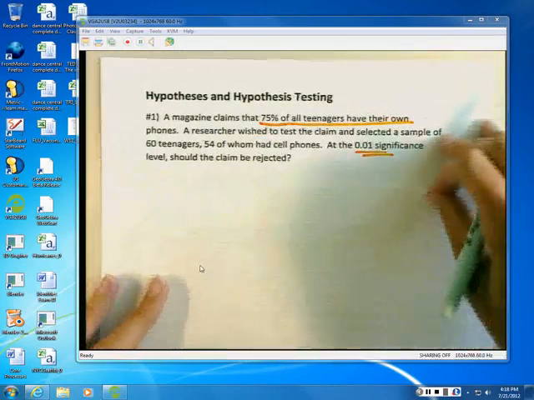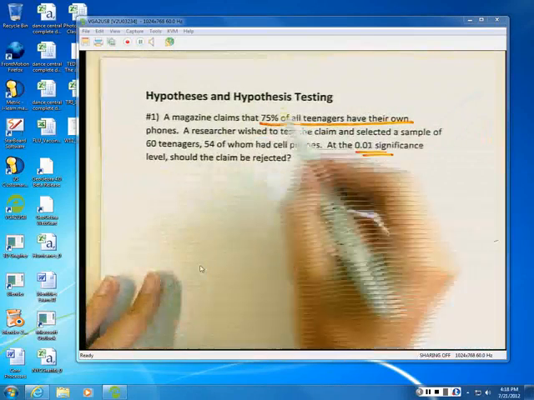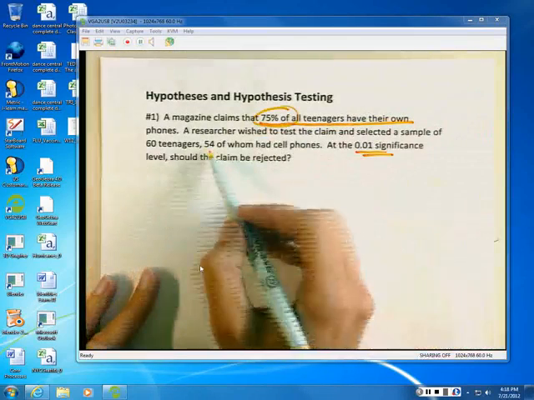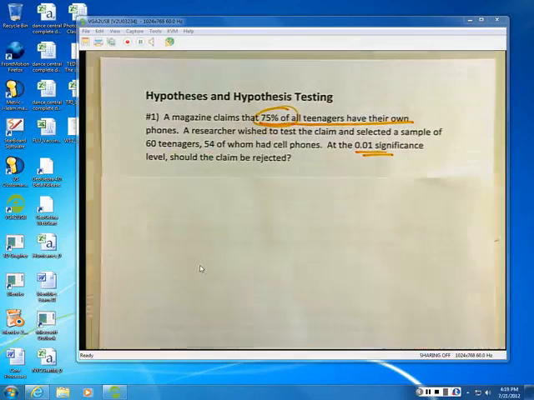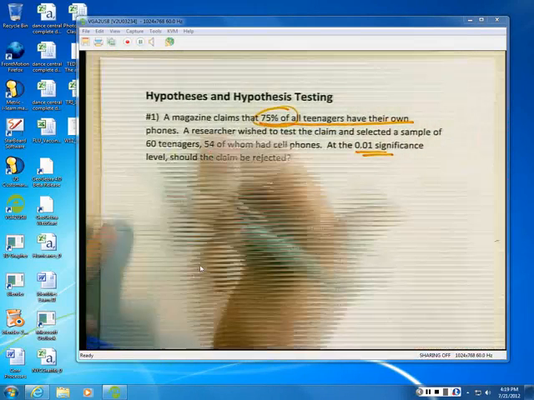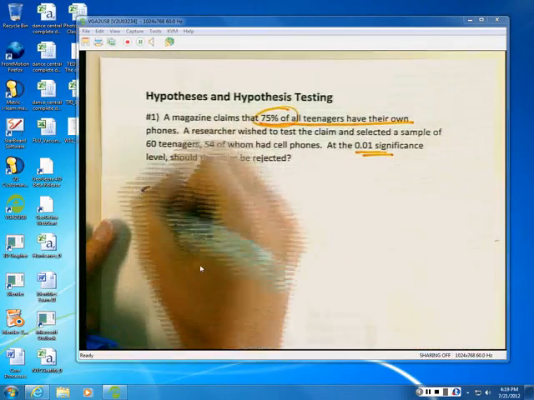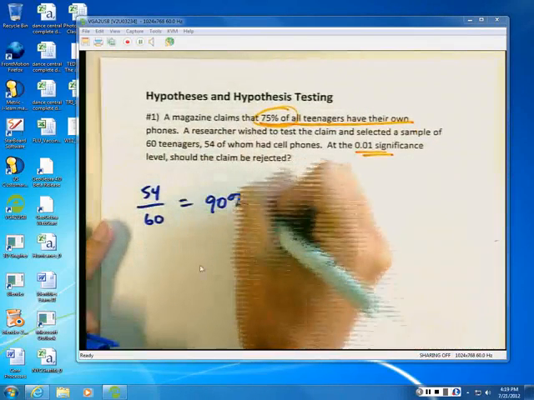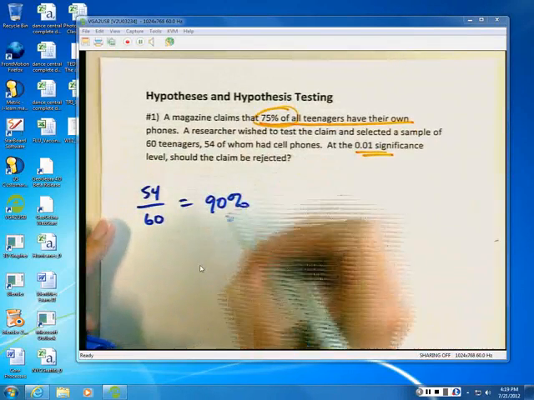Well, what we're really trying to determine is if 75% is accurate. We got 54 out of 60. If we do that division, we get 90%. So it looks like we got significantly higher than 75.